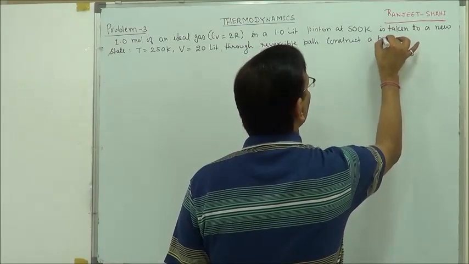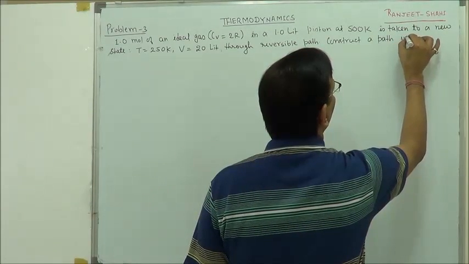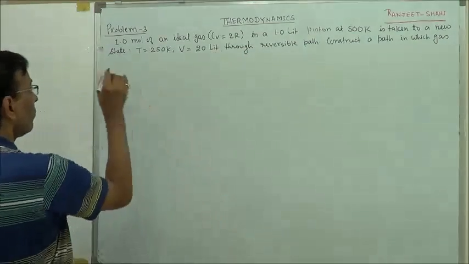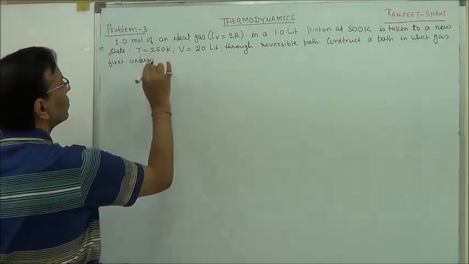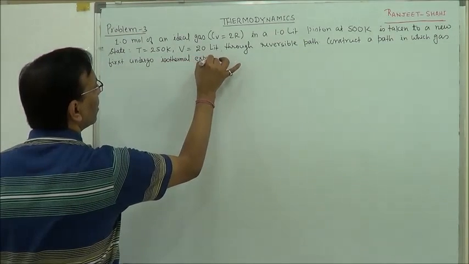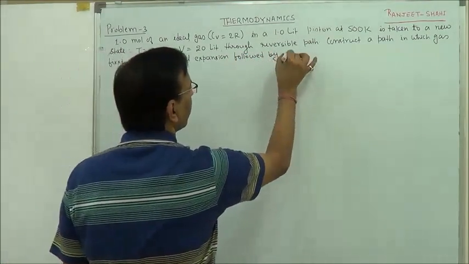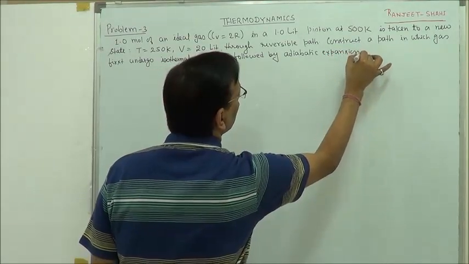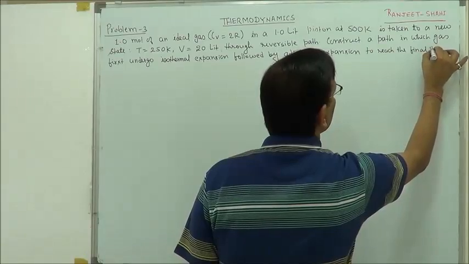Construct a path in which the gas first undergoes isothermal expansion followed by adiabatic expansion to reach the final state.